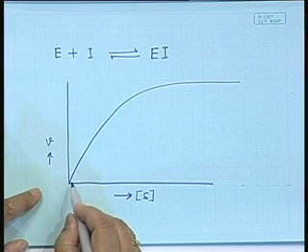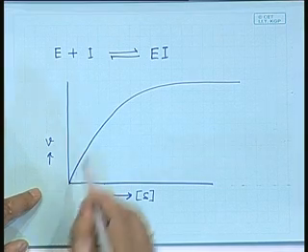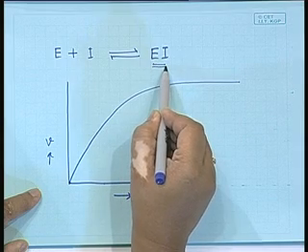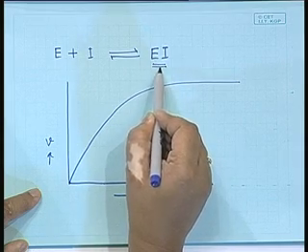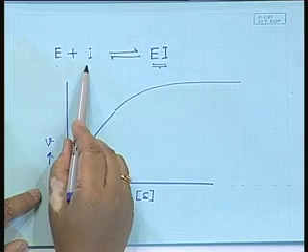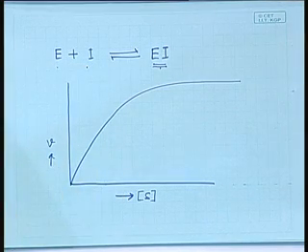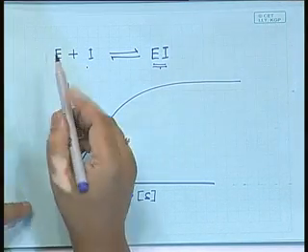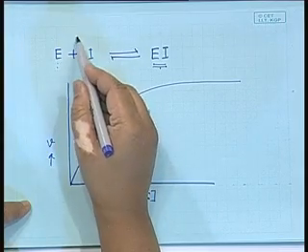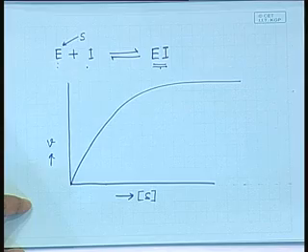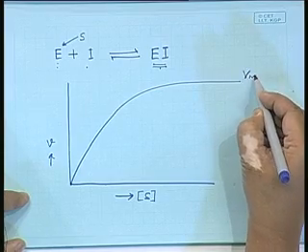It is going to change in a fashion that, since I have an equilibrium here, the enzyme inhibitor complex also dissociates to the enzyme and the inhibitor. So, once the enzyme is available again, the substrate can form the enzyme substrate complex. So, this is my Vmax.